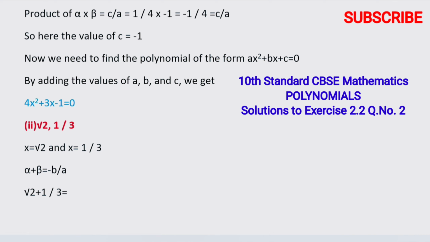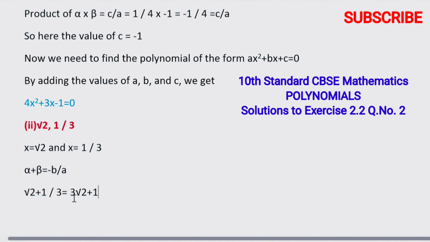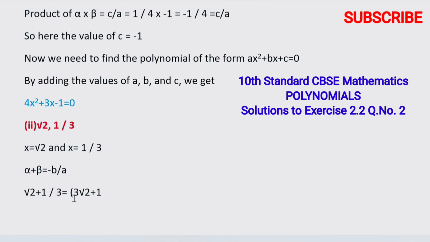Taking 3 as the LCM, the numerator becomes 3 into square root of 2 plus 1, and the denominator becomes 3. Hope you have understood. This is alpha plus beta.